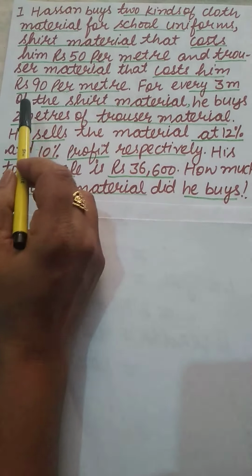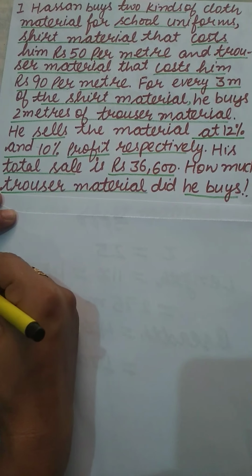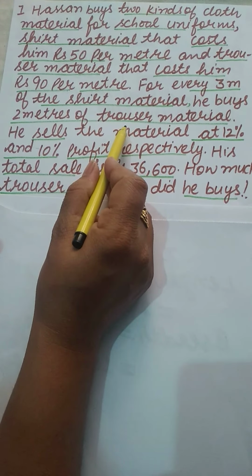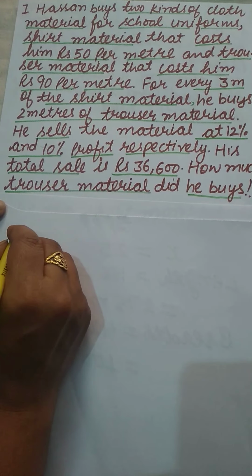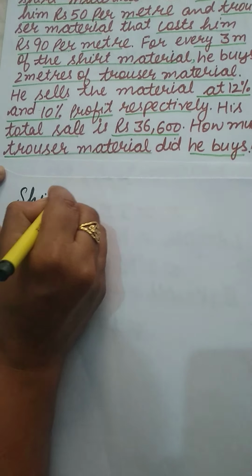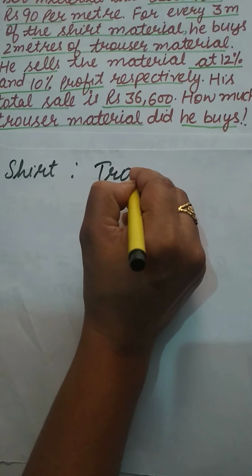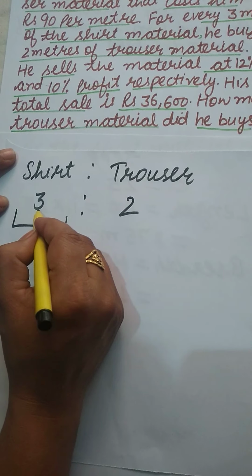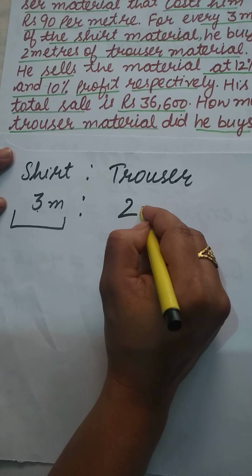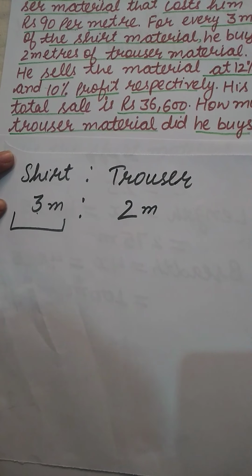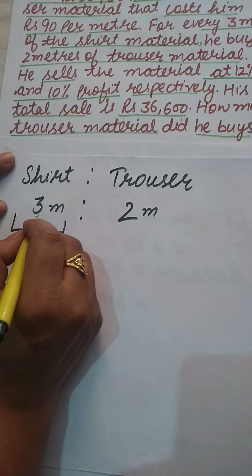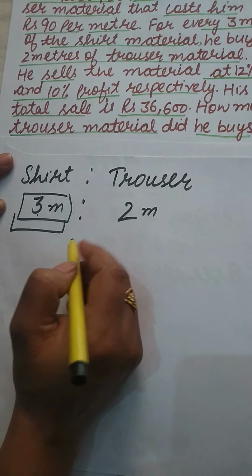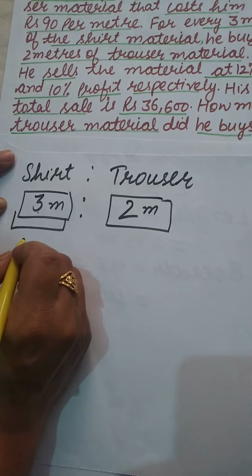As it is given that for every 3 meters of the shirt material, he buys 2 meters of the trouser material, it means the ratio of shirt material to the trouser material is 3:2. If he buys 3 meters of shirt material, then he has to buy 2 meters of trouser material. So we can say that the shirt material is 3x meter and the trouser material is 2x meter.